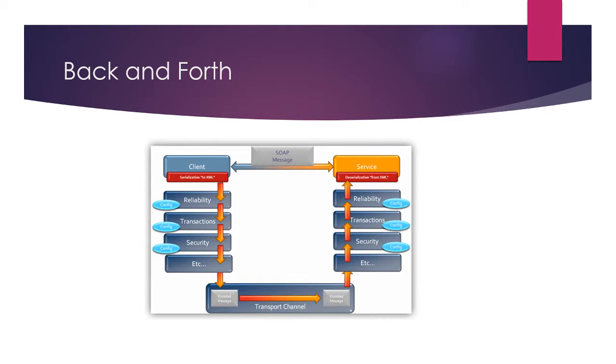Because of Visual Studio, all of their messages are going to be set up in the correct format, depending on what we've chosen, and then they'll be transferred using the network, our transport channel, to the server. The server then is going to de-encapsulate all of that information to pull out the message and find out what exactly is being requested from the client.